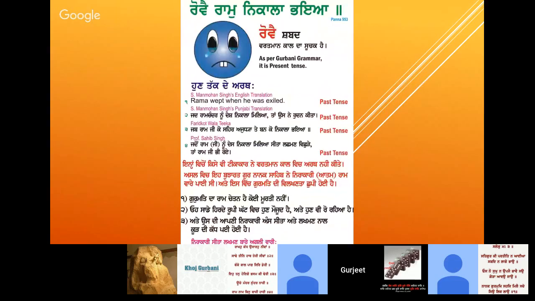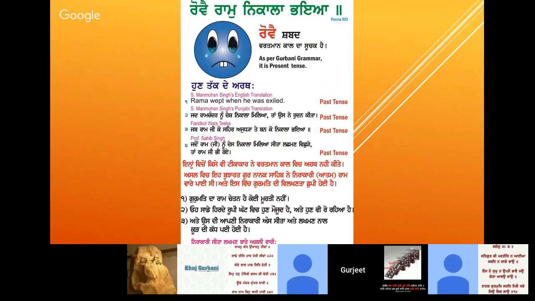Now let's see a case of Shabad, which I think you will understand now why I have to do all this. The Pankti is a shlok by Guru Nanak Sahib in the Var, Ramkali ki Var. Rove Ram Nikala Bhaya.